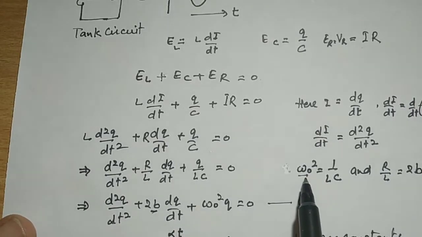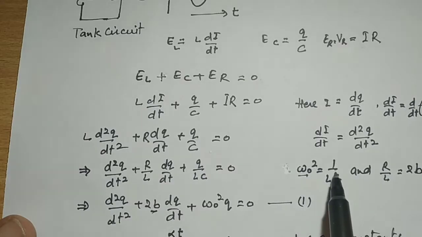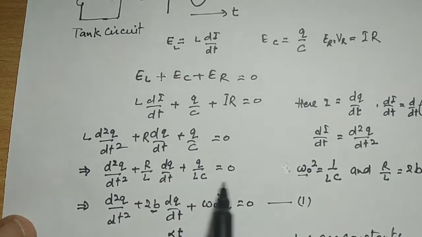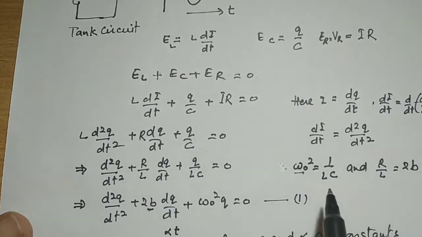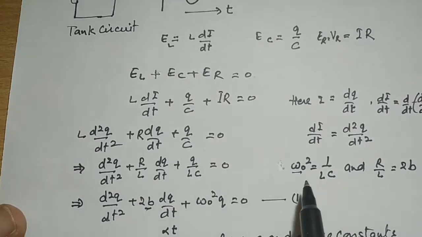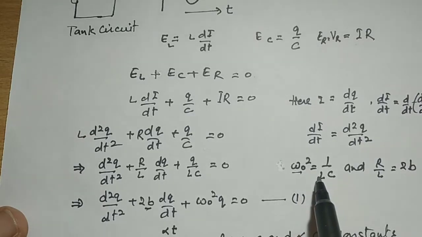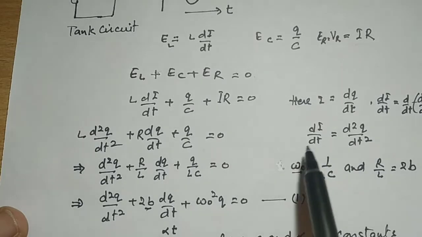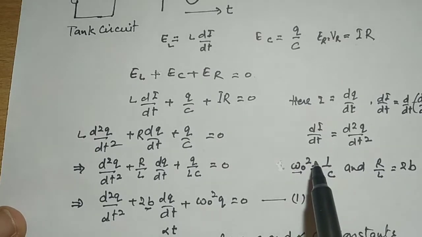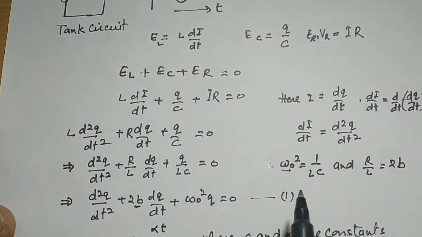We substitute omega naught square equal to 1 over LC, where omega naught is the frequency of oscillations of an undamped oscillator, that means an oscillator where no damping is there, or free oscillations.